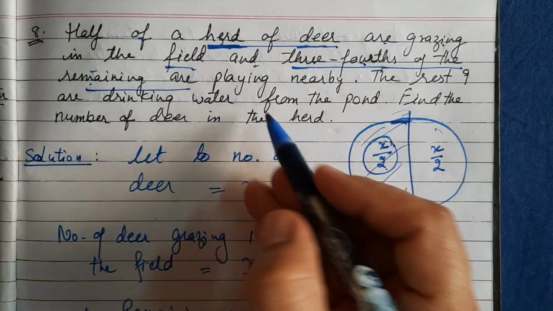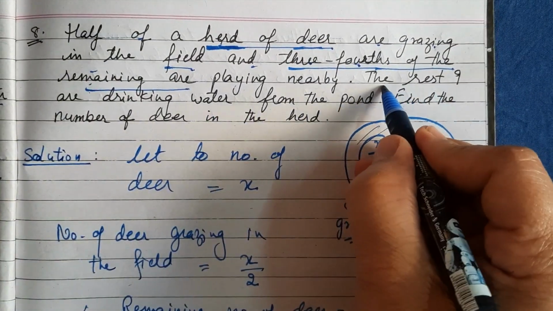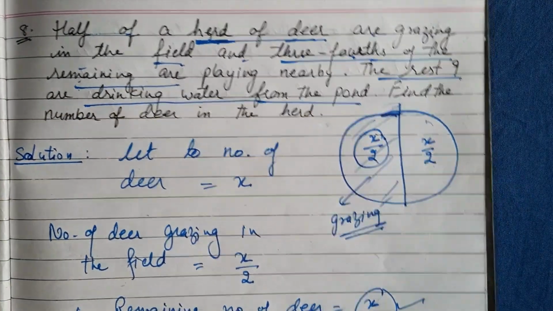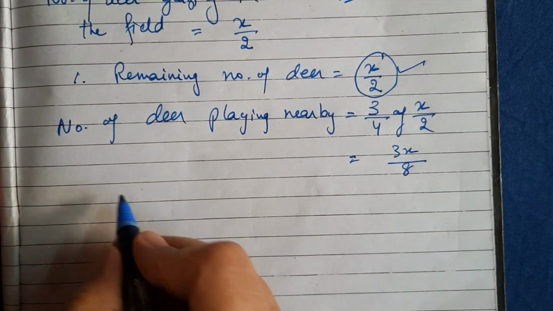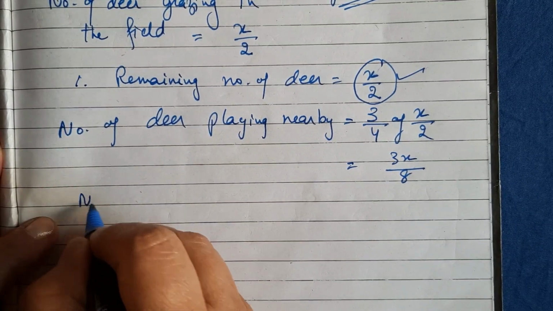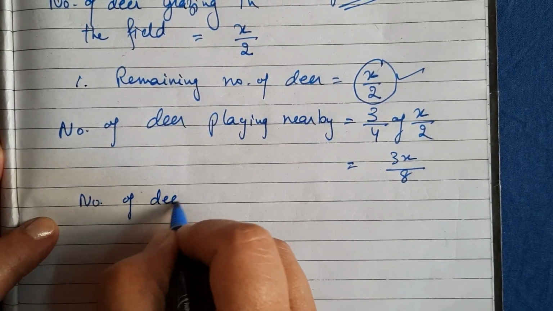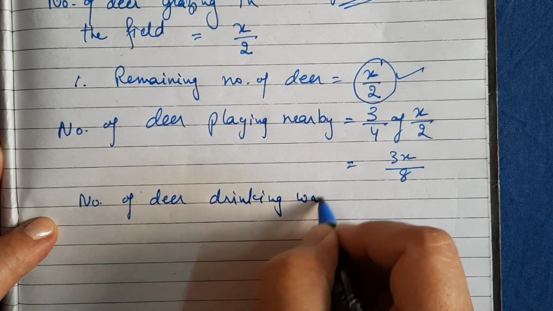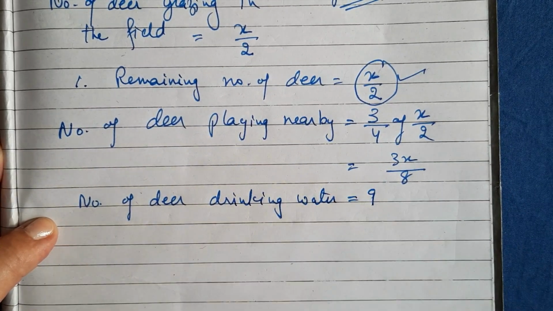Then it is written the rest 9 are drinking water from the pond. 9 is the number of deer. So the number of deer drinking water is equal to 9.